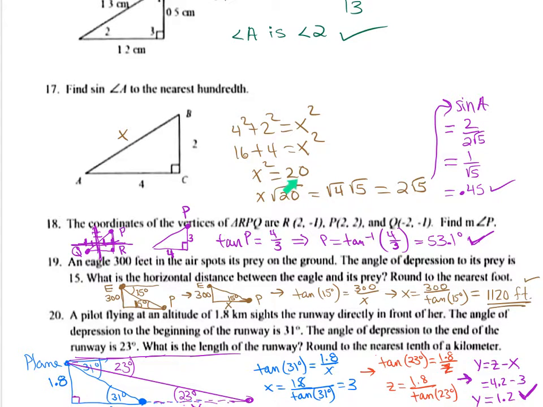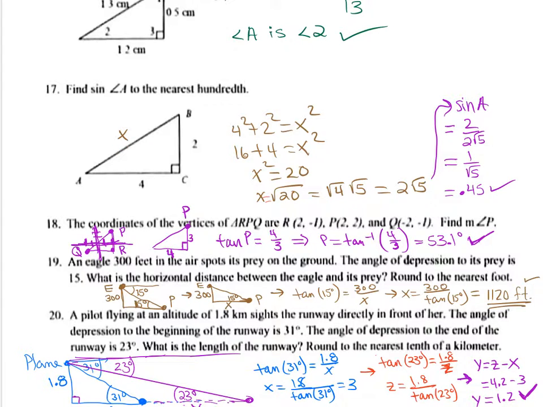So X squared is 20, and X is equal to the square root of 20, which can be split into square root of 4 times the square root of 5. The square root of 4 is 2, and the square root of 5 remains, so we have 2 square root of 5 as the hypotenuse.